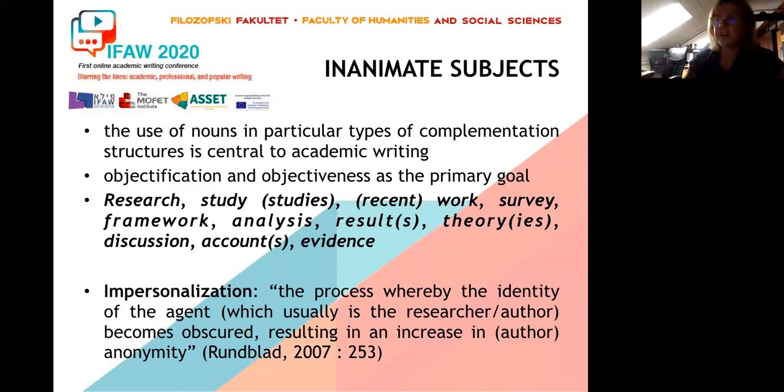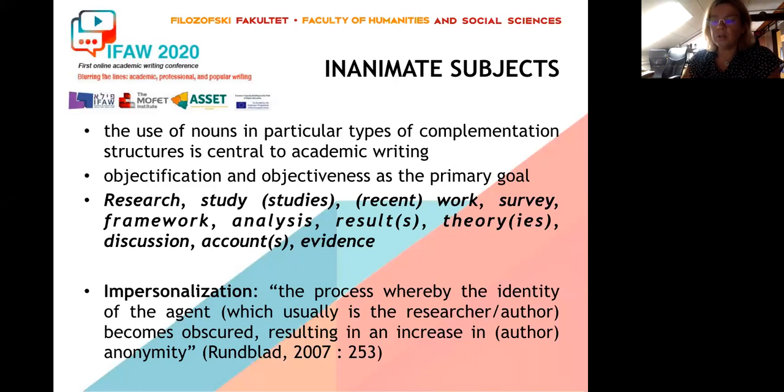So we have here the process of so-called impersonalization, the process whereby the identity of the agent, which is usually the researcher or the author, becomes obscured, resulting in an increase in author anonymity, which is the striving force more recently in academic writing.